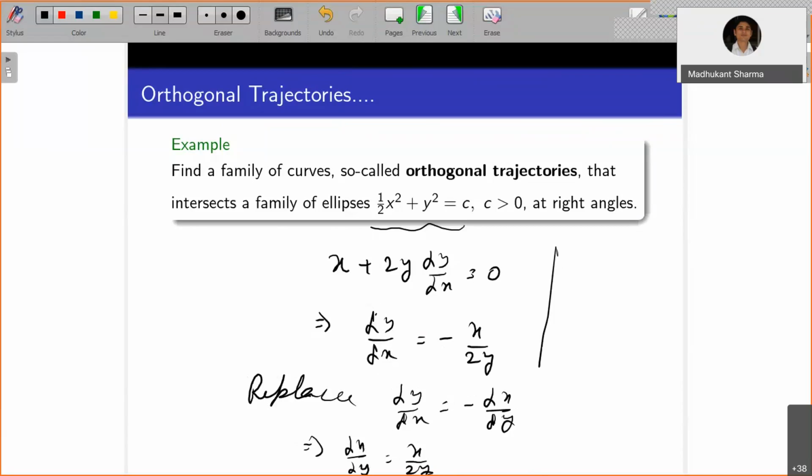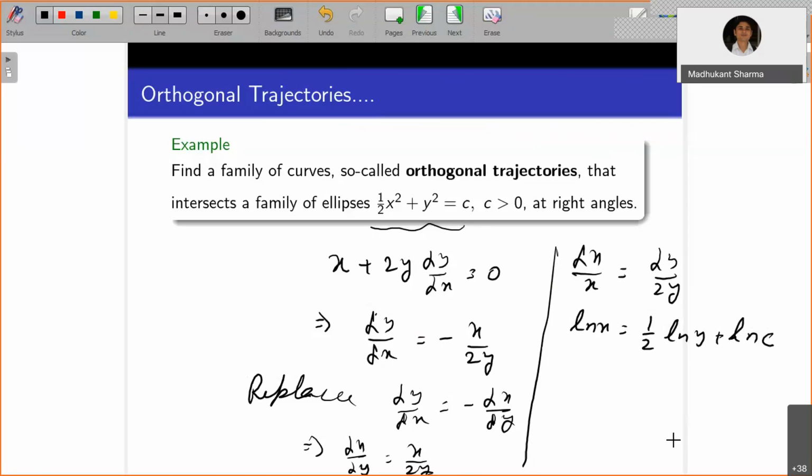Now what will be the solution? You have dx by x equals dy by 2y. If you integrate, ln of x equals 1 by 2 ln of y plus ln of c, an arbitrary constant. Now take 2 on both sides, so 2 times ln of x is ln of x square, and you obtain a family of parabolas y equals c square x square.